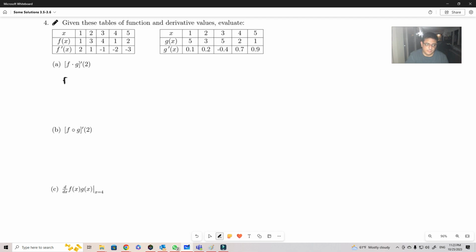So this will be f prime of 2, g of 2, plus f of 2, g prime of 2. So I apply the product rule first, and then I plug in later. Okay, so now f prime of 2, I find 2, f prime of 2 is 1.